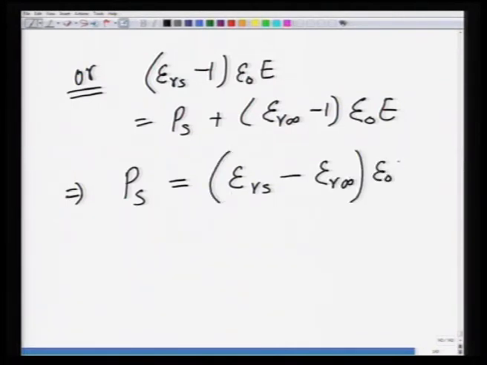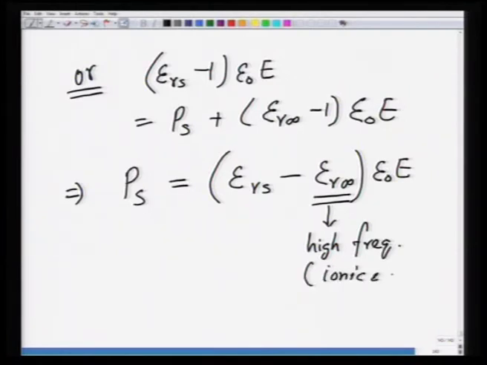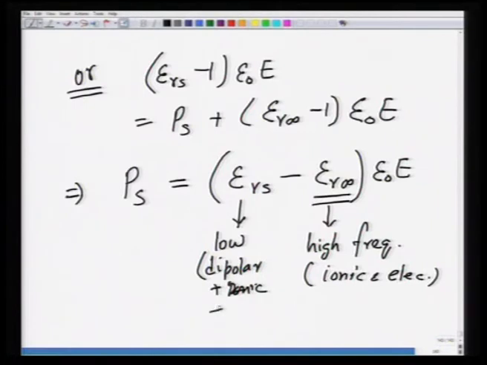multiplied by epsilon naught E, and this kind of makes sense, because epsilon r infinity is for the high frequency region, taking care of ionic and electronic polarization mechanisms, and epsilon r s is for low frequency, and this takes care of dipolar plus these two, ionic and electronic.